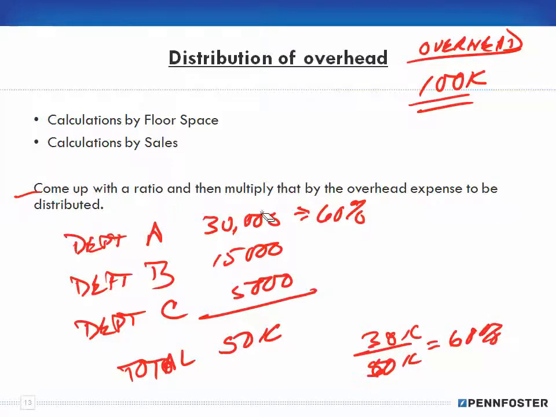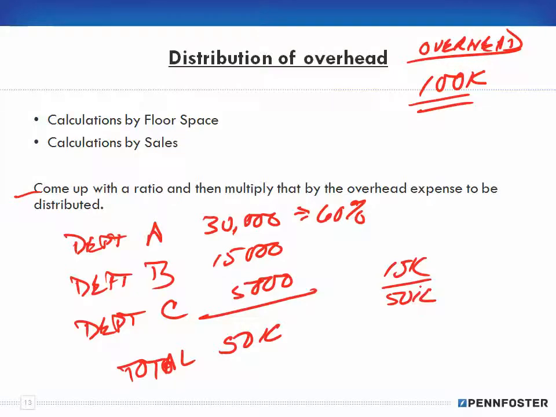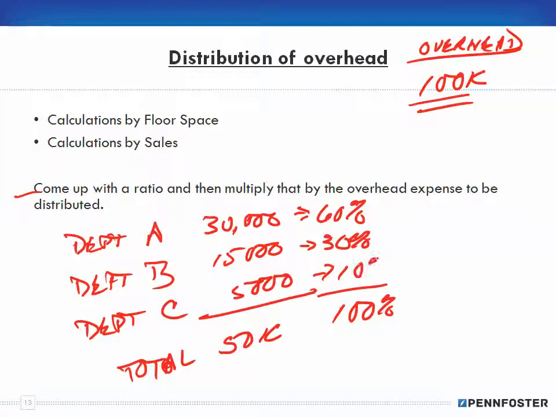Now for department B, I have 15,000 divided by 50,000. So it's 15 divided by 50, and that gives me 30%. So department B gets 30%. And of course, I can add those two together, which is 90%, and subtract it from the 100%, which means department C gets 10%.